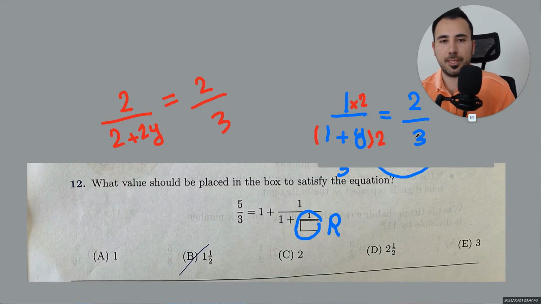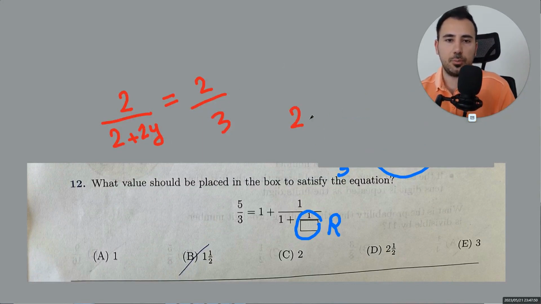Okay, this side of the equation. That means this 2 plus 2y has to be 3. So let me write it here. 2 plus 2y is supposed to be 3. So 2y will be, subtracting both sides by 2, 3 minus 2, which is 1.